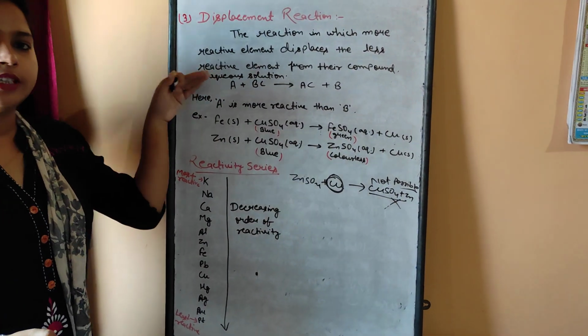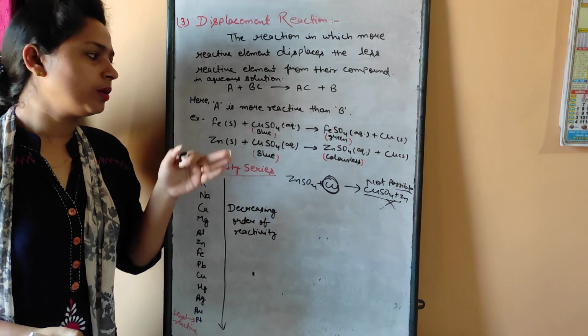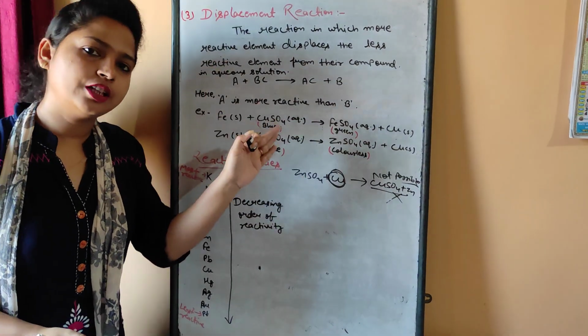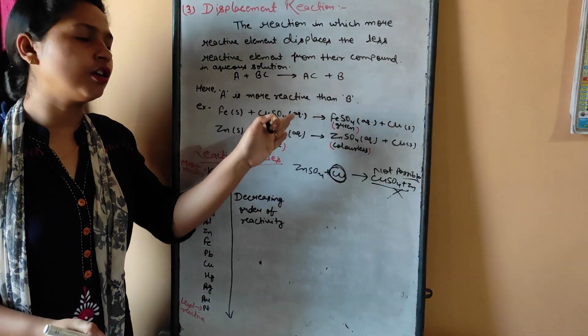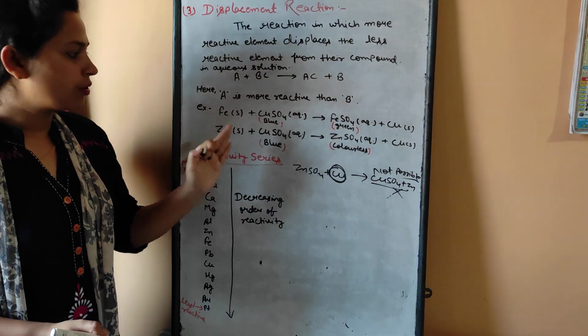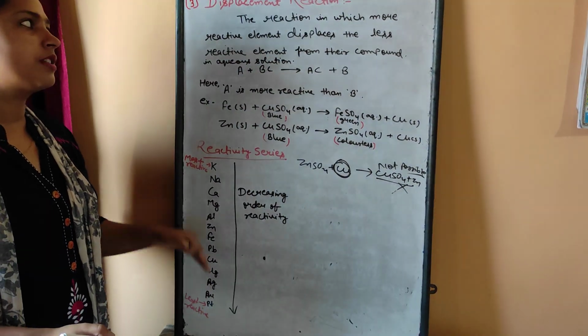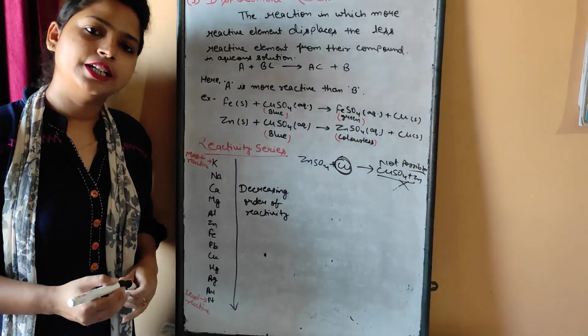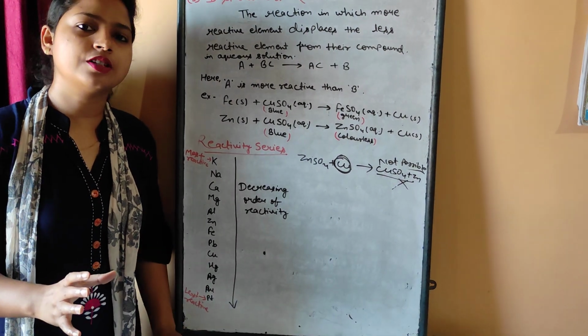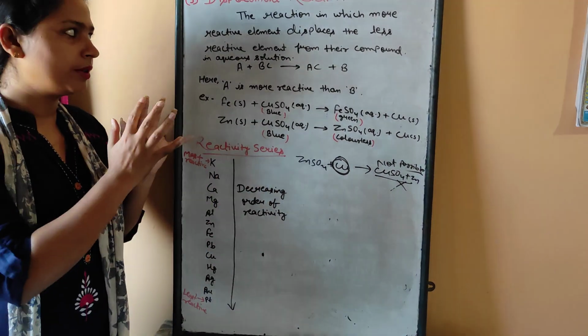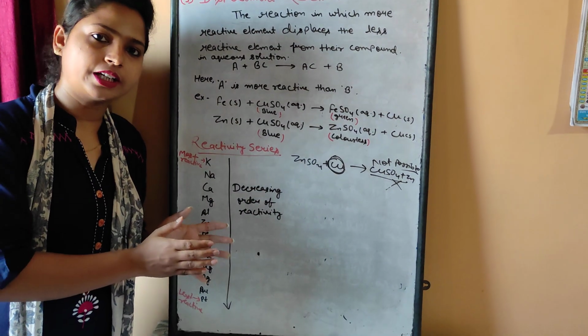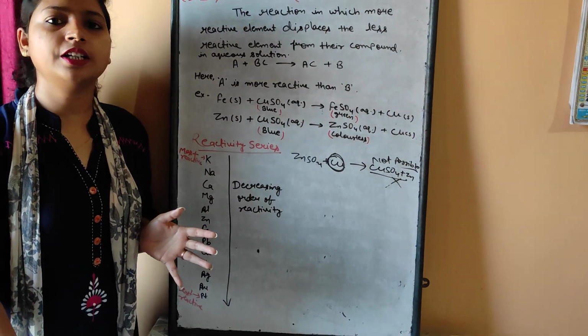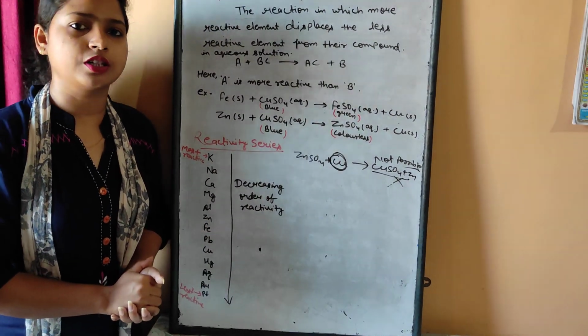So one of the reactants should be in its elemental form, which is more reactive, and the other should be in its metallic salt solution form. Clear? So you have to learn the reactivity series to learn the displacement reaction. So displacement reaction is the reaction in which a more reactive metal displaces the less reactive metal from its salt solution.